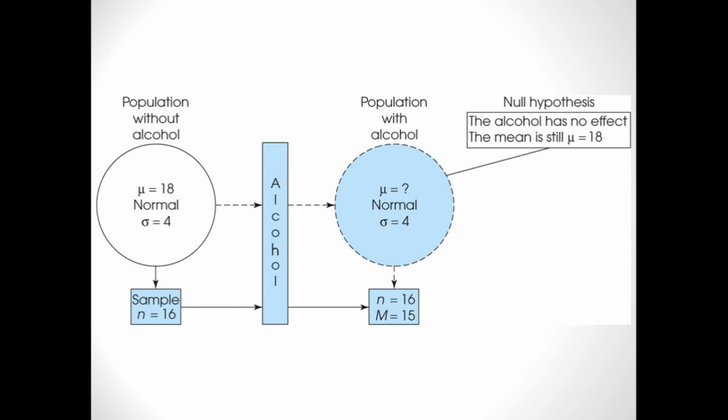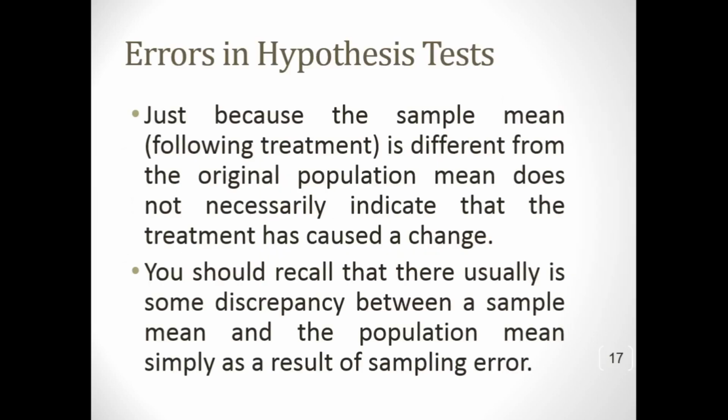What is error in hypothesis testing? Just because the sample mean is different from the original population mean does not necessarily indicate that the treatment has caused a change. You should recall that there usually is some discrepancy between the sample mean and the population mean simply as a result of sampling error.